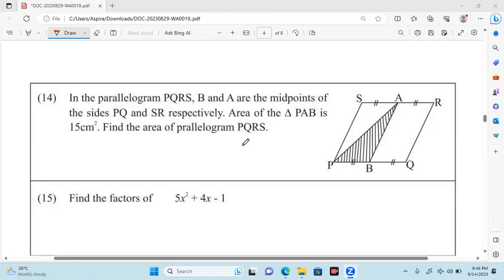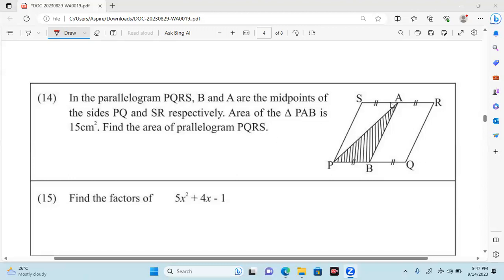Okay, why did we take 60? Can any of you explain it? Teacher, because it has the same base and height.